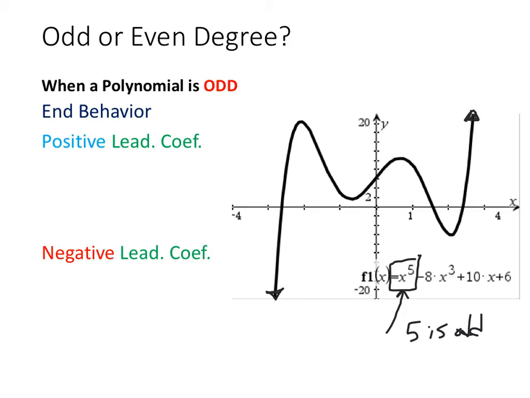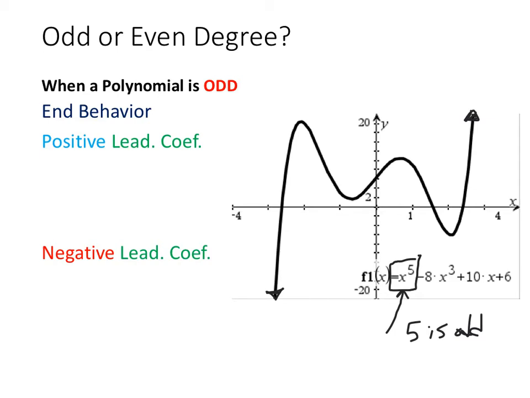What this will tell us is what our end behaviors are. This is just an example of a very simple polynomial function. It's got a lot of ups and downs, a lot of vertices and things like that that we've been working with. First of all, we can simply look at our end behavior.